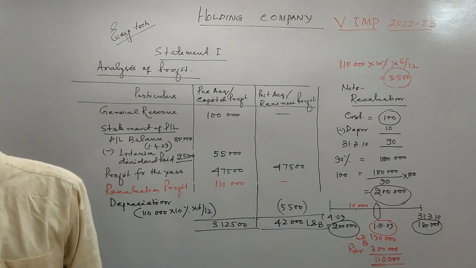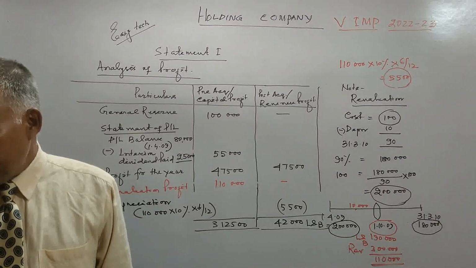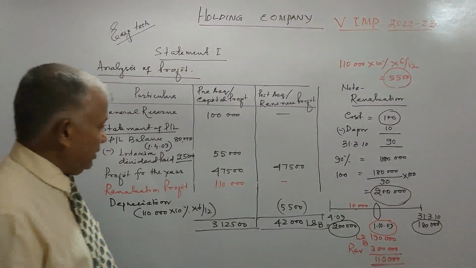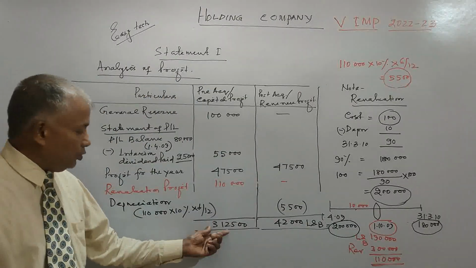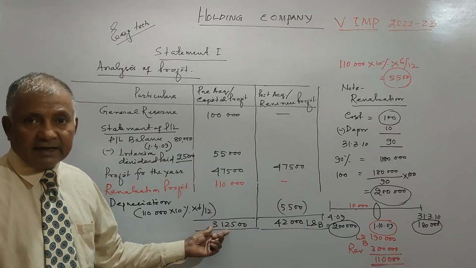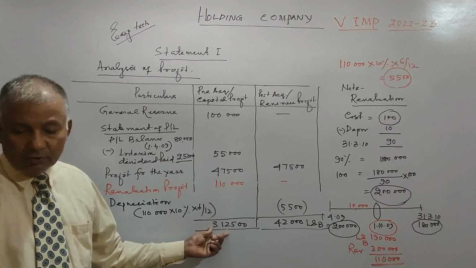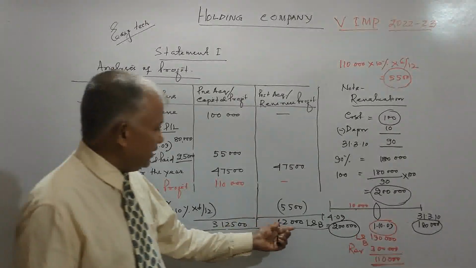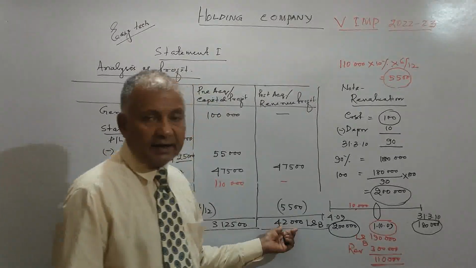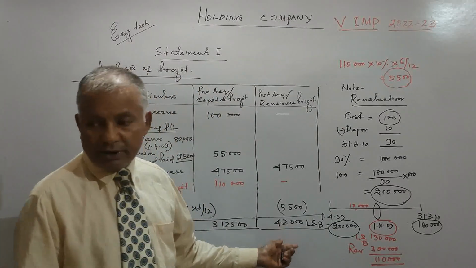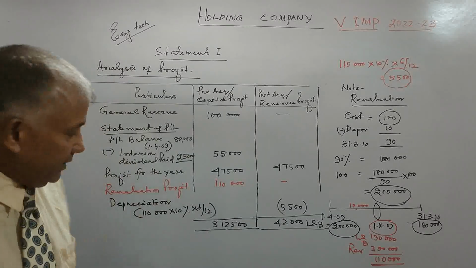In this case, a part of the profit will go to the holding company share, 80%, and minority 20%. Here also my holding company 80% and minority 20%.